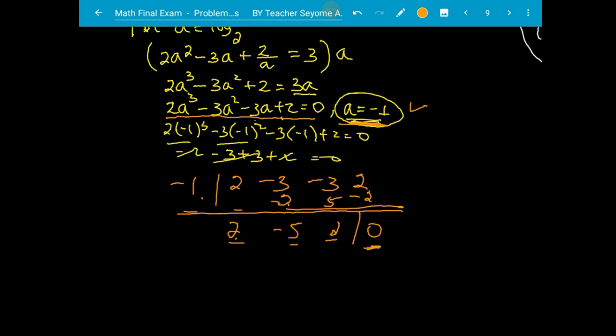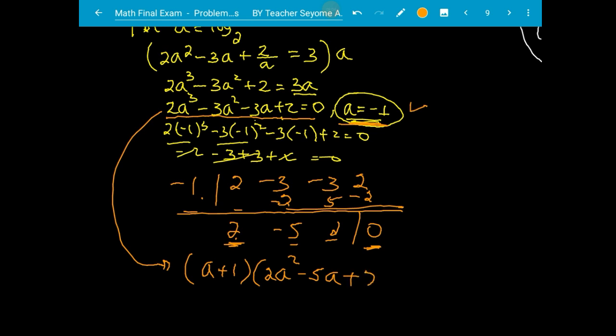That means this polynomial can be factorized as a plus 1 and the quadratic 2a square minus 5a plus 2 equal to 0.